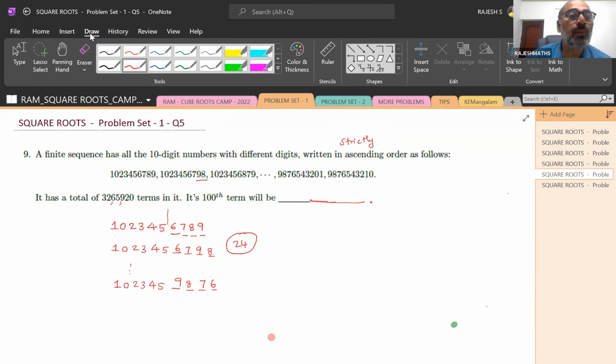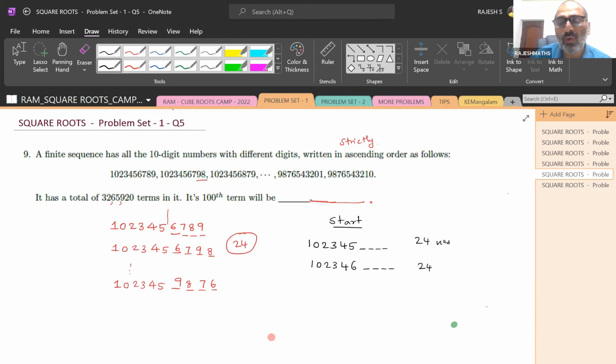Okay, so let me put a small list. With the start 1, 0, 2, 3, 4, 5, we have 24 numbers. And then 1, 0, 2, 3, 4, 6, we have another 24 numbers.